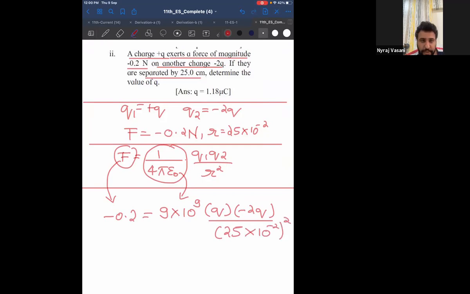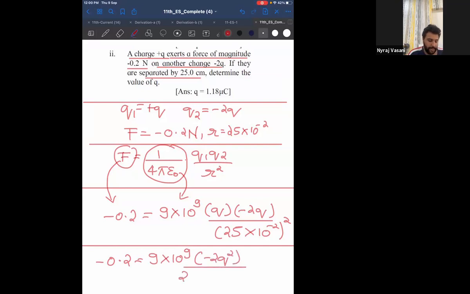From this particular step, I need the value for Q. I will make it even simpler for you. Look at the screen. Minus 0.2 equals 9 into 10 power 9, into minus 2Q into Q, which will be minus 2Q square, divided by 25 into 25 into 10 power minus 4.